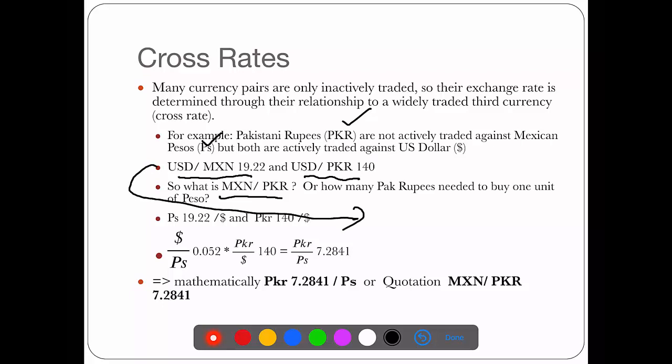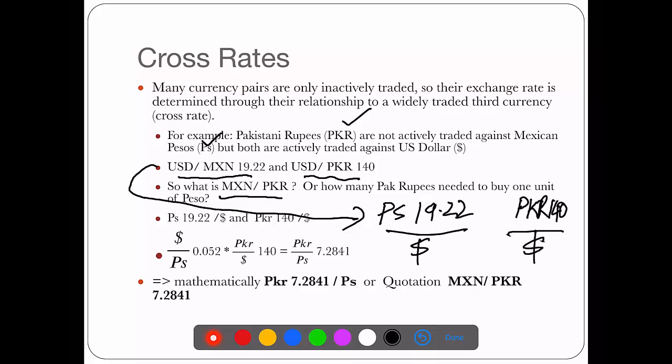In mathematical way, this is simply the Mexican peso, 19.22 per US dollar, and this is actually the Pak rupees, 140 per US dollar. In order to find the rate against each other, we have to cancel these dollars.